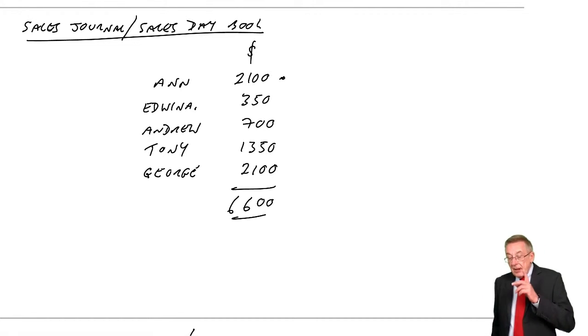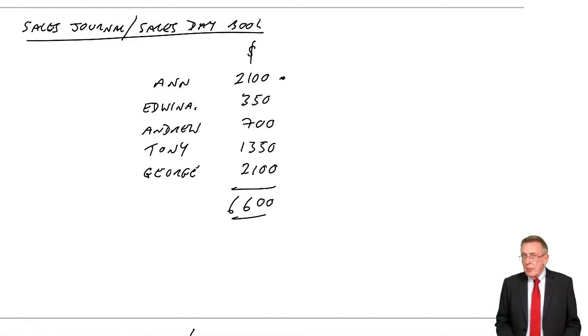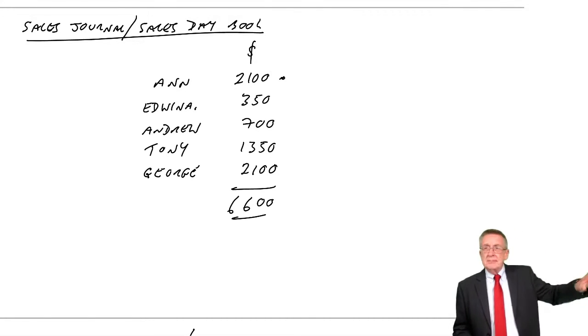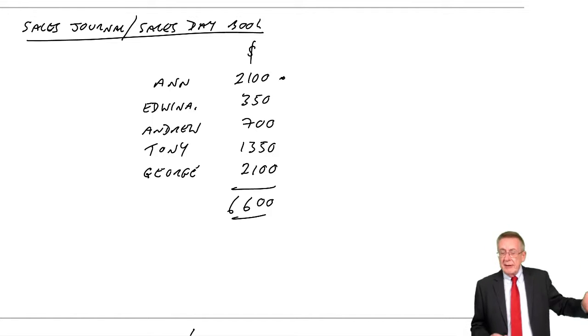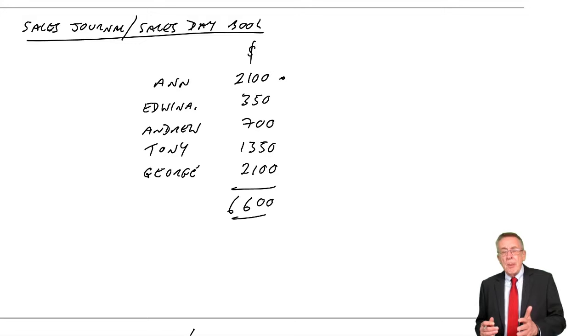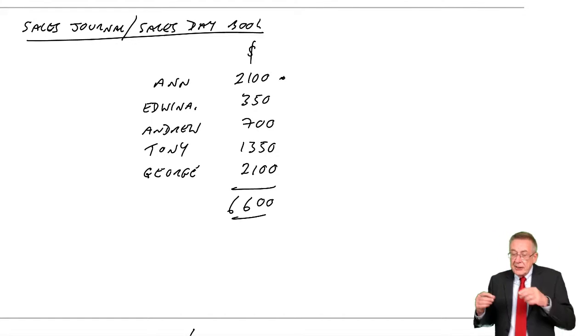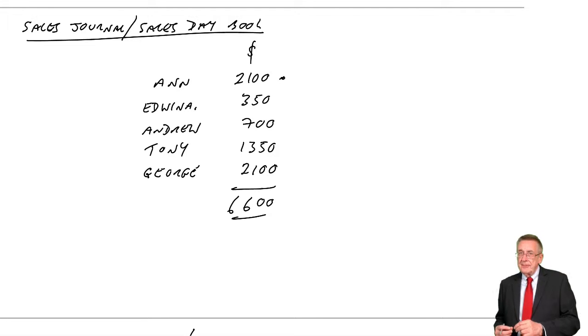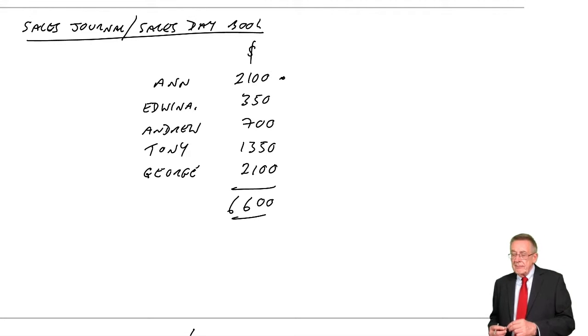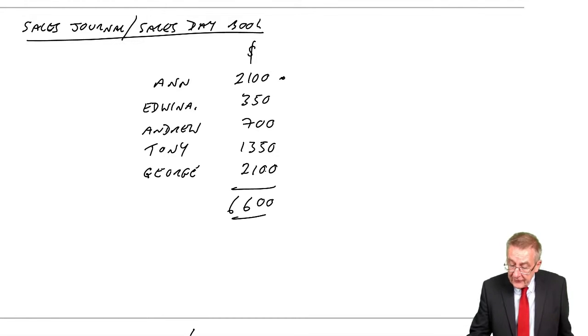Now remember, what was recorded in this book was sales on credit. And we know from chapter 3 that the double entry for a sale on credit is to debit receivables and credit sales. That's what we did before, that's what we're going to do here. Except we've got 5 sales.